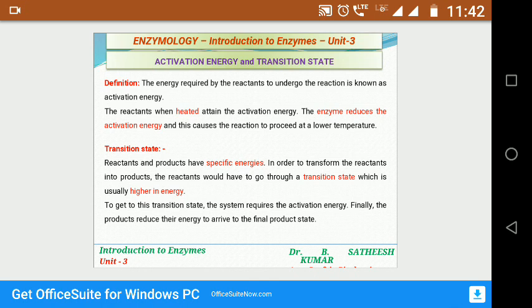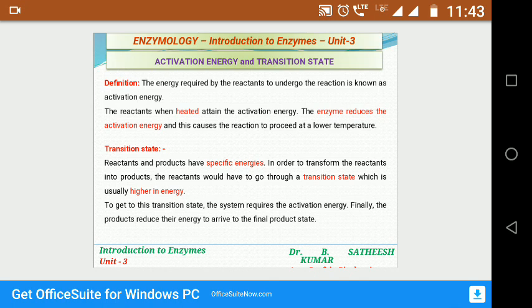Suppose in a non-enzymatic reaction, the substrate needs 100 units of activation energy. When we use enzymes, that 100 units may come down to 10 units or 5 units. In that way, the enzymes are reducing the need of activation energy.